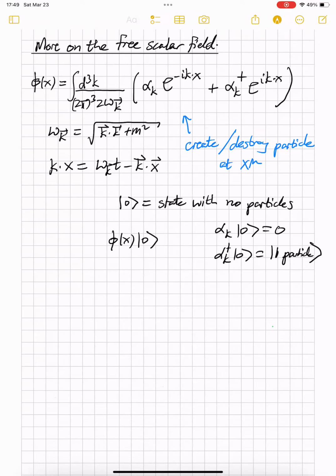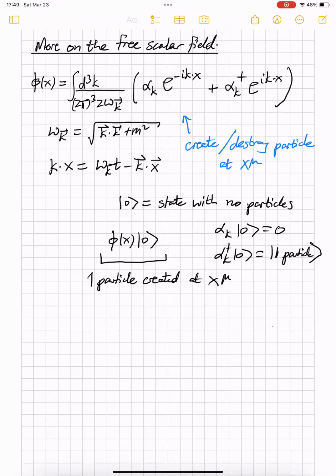So when we act with φ(x) on the vacuum, the term with the α_k will just annihilate the vacuum, but the term with the α_k† will create a particle. So this is a state with one particle, and it is created at x^μ. Good.